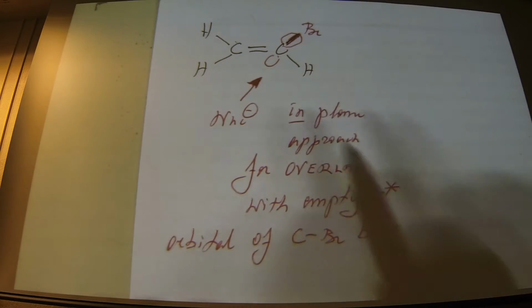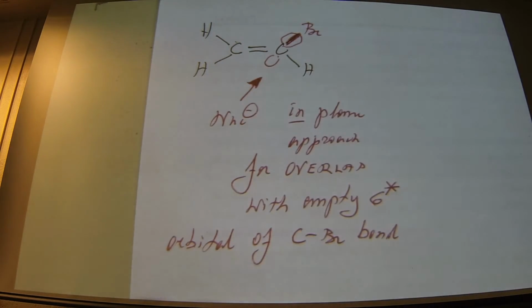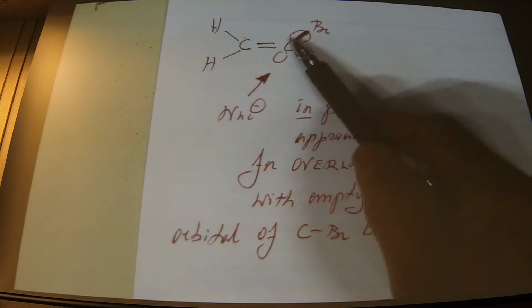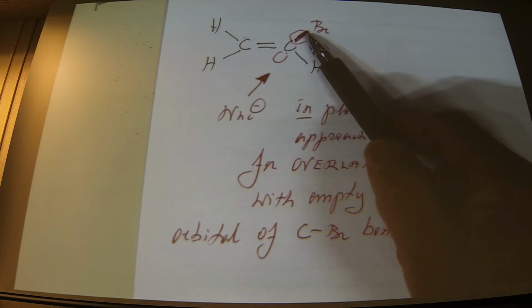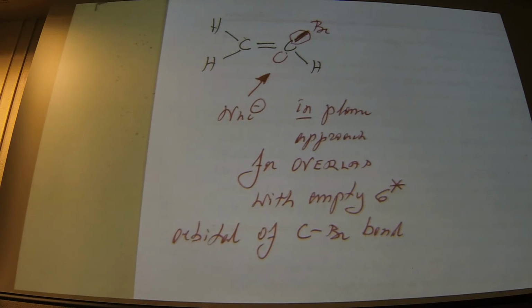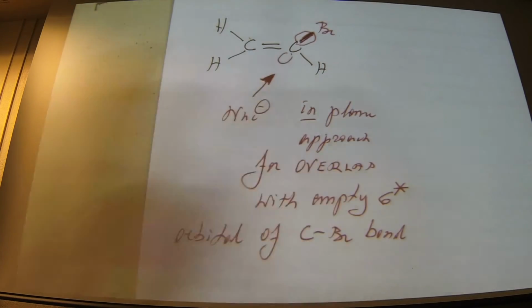So the only place where the electron pair from the nucleophile can go is into an empty orbital. That empty orbital turns out to be the sigma star, the antibonding orbital associated with this sigma bond. That orbital lies within the plane of the paper, the plane of the molecule. And so that's why the approach has to be from behind, within the plane of the paper and behind the carbon.